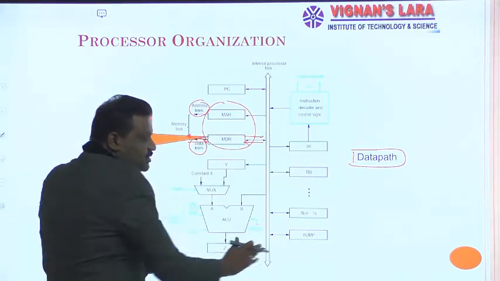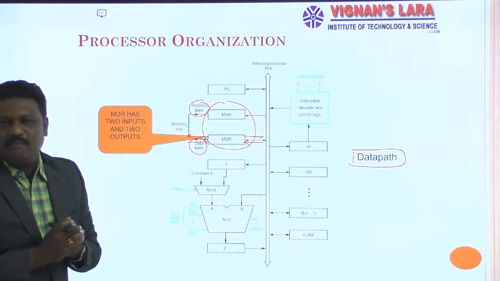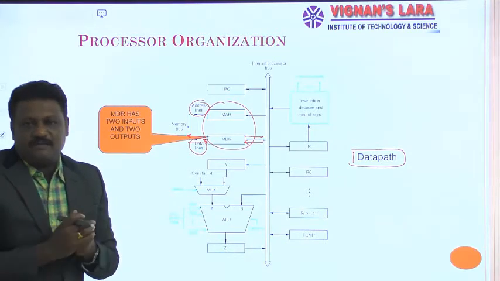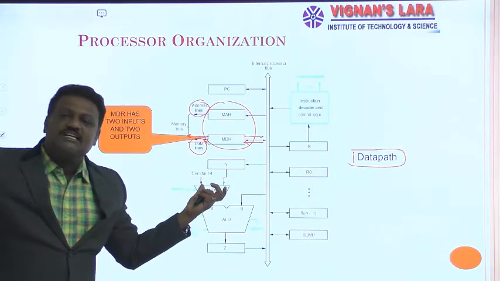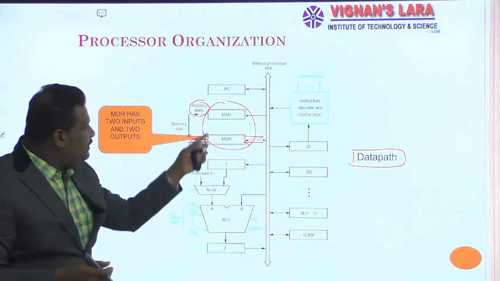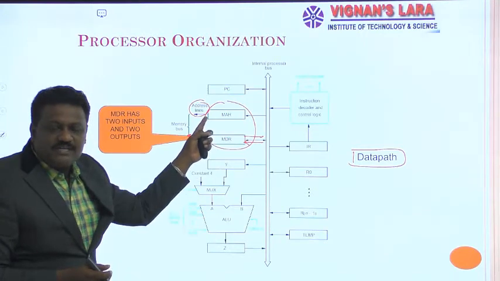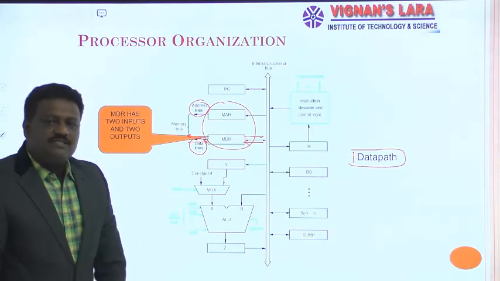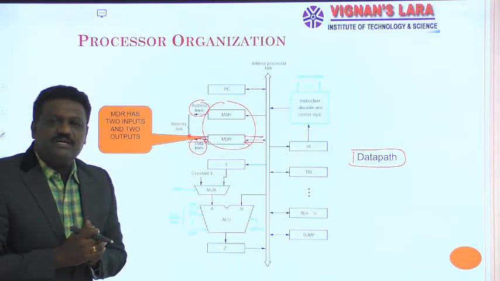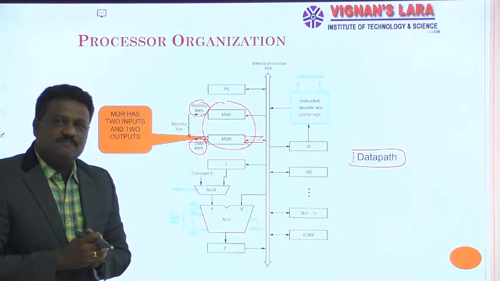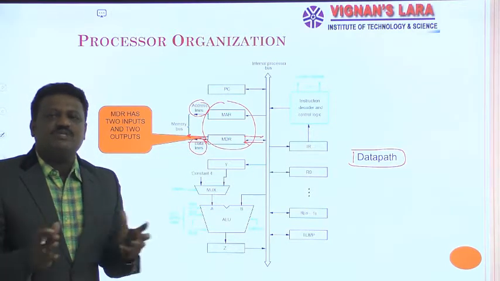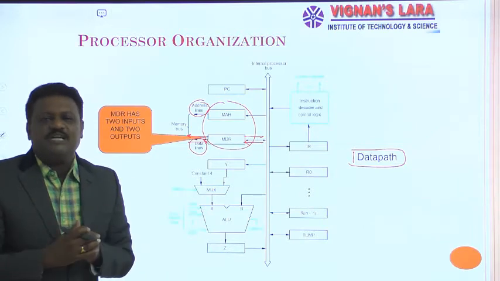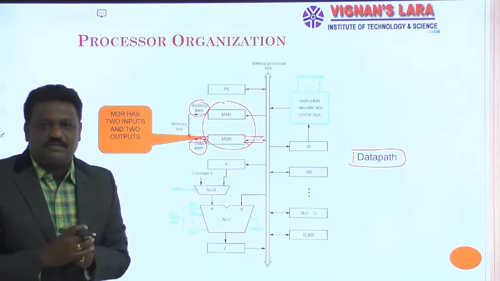My processor can communicate with the external world with the help of machine accessible registers, that we know. Here my processor communicates with the memory with the help of a pair of registers. One is MAR and the second one is MDR. MAR is the memory address register and MDR is the memory data register. The job of MAR is that it always holds the address of the memory location which is right now communicating with the CPU or processor.